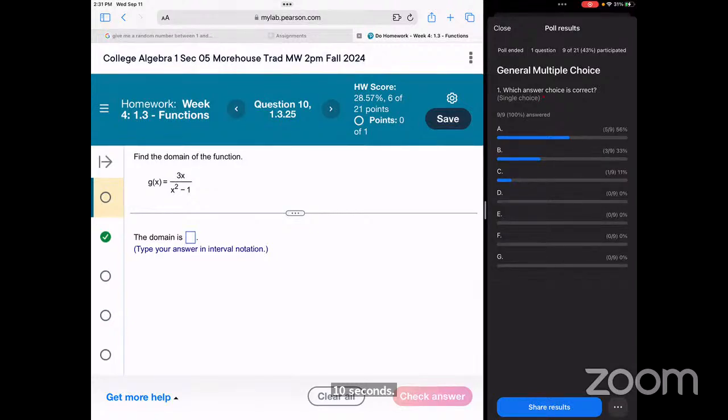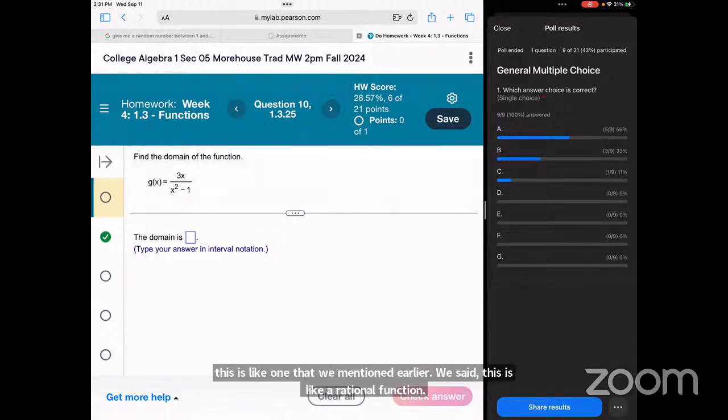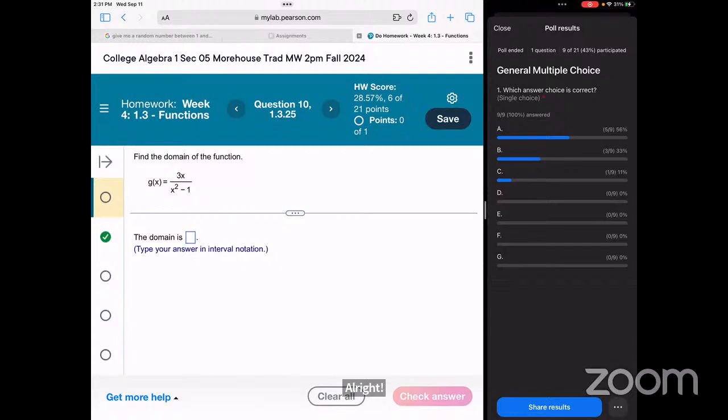All right. Okay, so let's walk through this one. This is one that we mentioned earlier. We said this is a rational function, and for rational functions we cannot divide by 0, so we have to throw out any x that makes the denominator 0. Can anybody tell me what value of x makes the denominator 0 here?